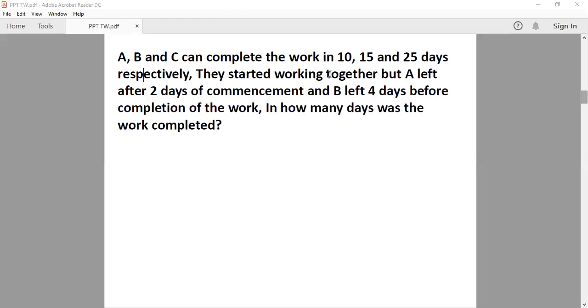Let us complete this question first, and then we will move to the previous question if you have doubt, and we will do that by fraction approach.